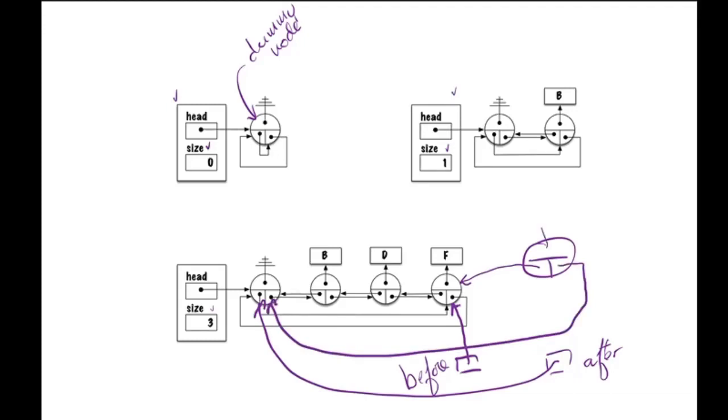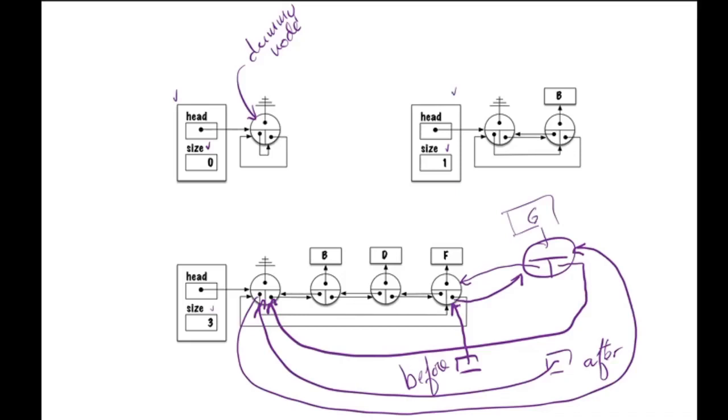We will store some information inside this node, say G. And the result, when the new node has been created, will be stored in before.next. There's only one link that needs to be readjusted. The node after, its previous is before.next, and the node has been inserted.